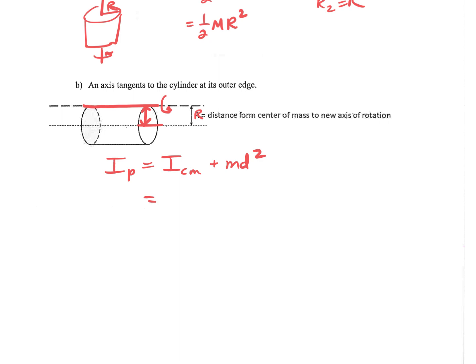Well, we know the inertia about the center of mass. We just found it. It's 1/2 what? mr squared. The mass is still m, isn't it? Well, how far is it from the axis of rotation to the center of mass? R, isn't it?